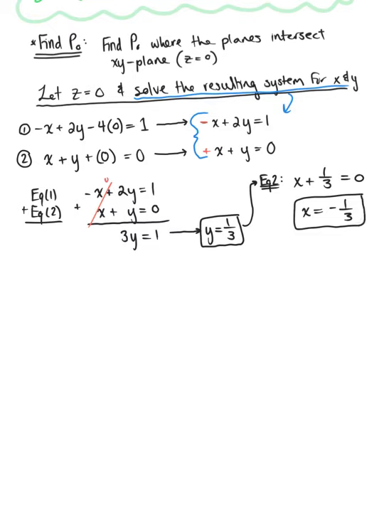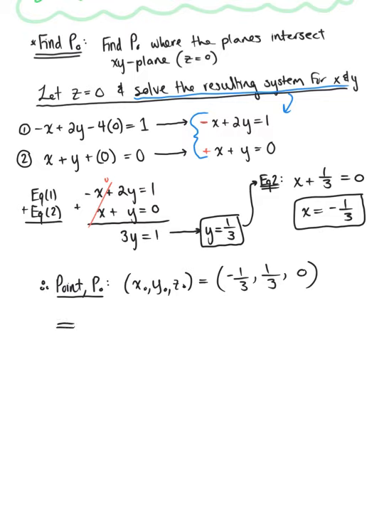Hooray! So we can say that therefore the point P0 will have the coordinates x0, y0, z0. We just found that x is -1/3, we found that y is +1/3, and we let z be 0.